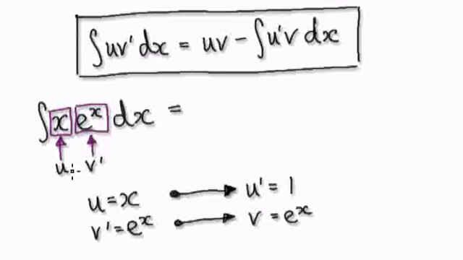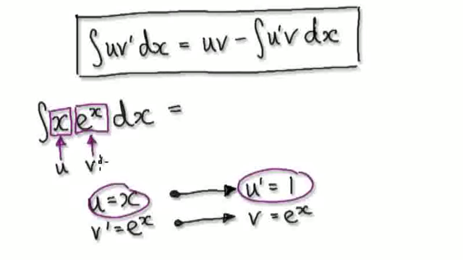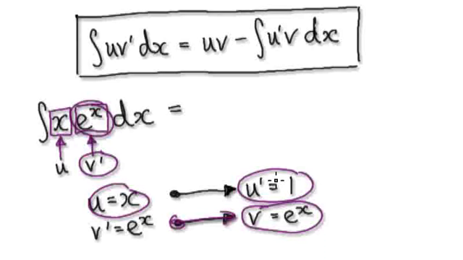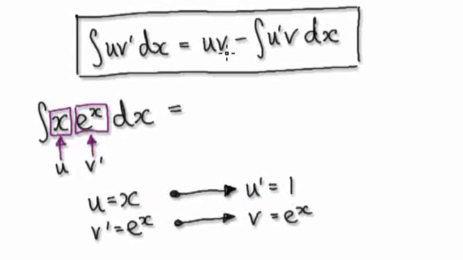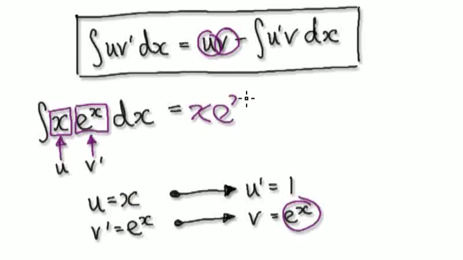So let u equals this. If u equals x, then u prime equals 1. If v prime equals this thing here, then v equals e to the x. Now put everything back into here. So u here would be x. That's this bit here, and then v here would be e to the x.